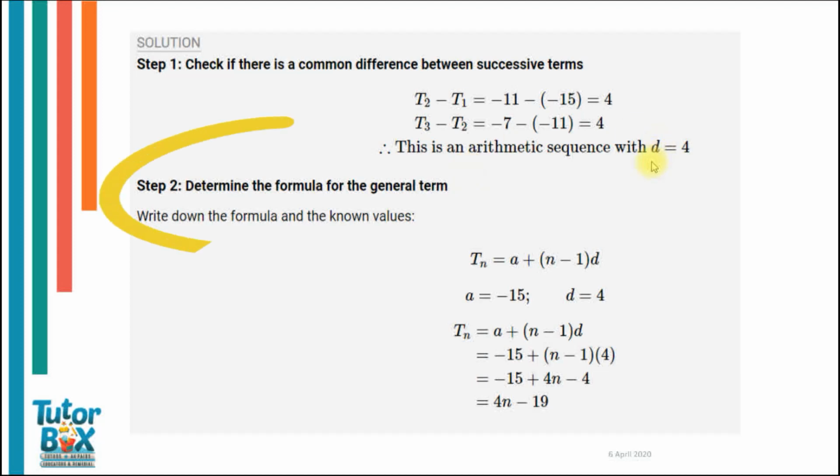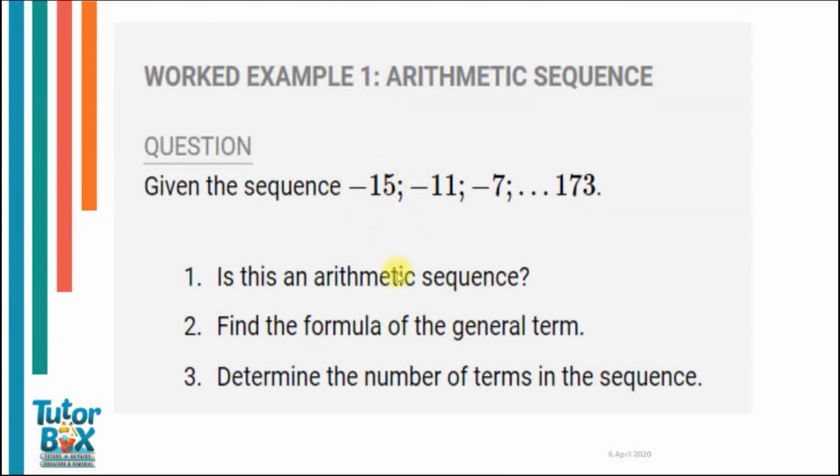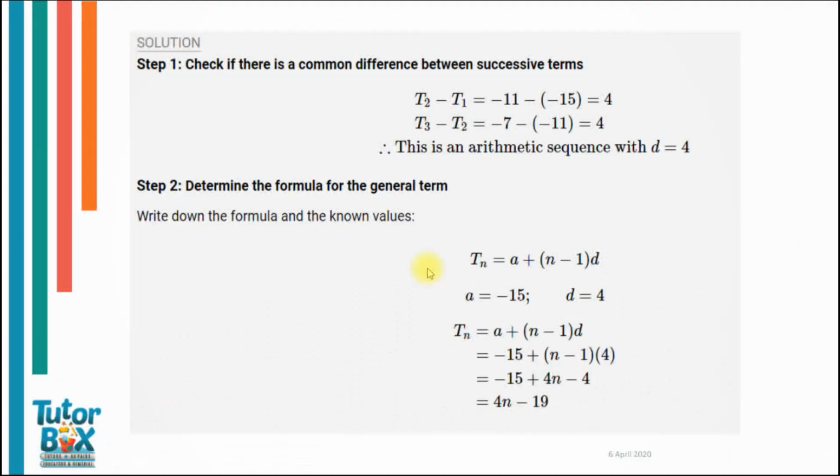Now they ask us to determine the formula for the general term. So write down the formula and the known values. Our formula is Tn equals a plus n minus 1, multiplied by d. We know what a is, it's minus 15, and we know what d is, which is 4.